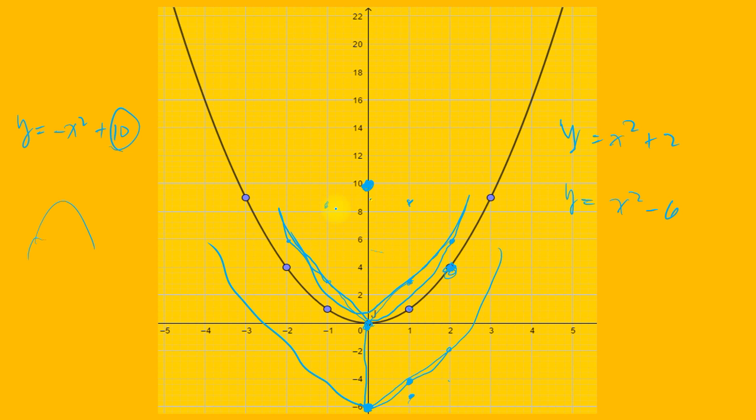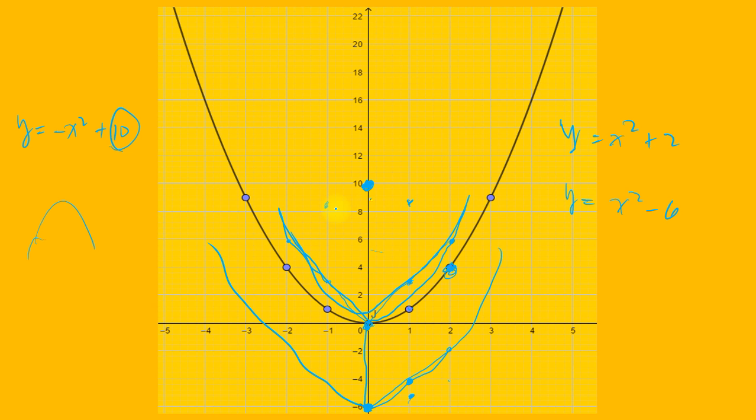So follow again the PEMDAS. We should do first the inside the parenthesis, then the square, then the multiplication, then the minus 7. So meaning the first one is the horizontal shift, the vertical scale, and the vertical shift. So how do we do that?